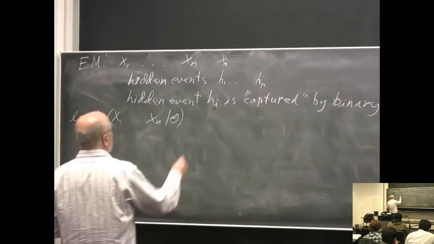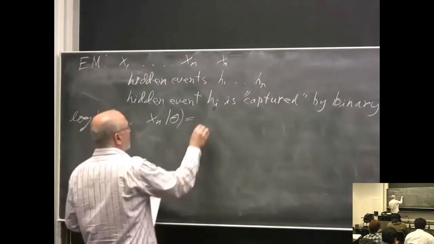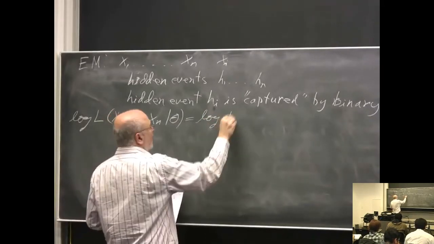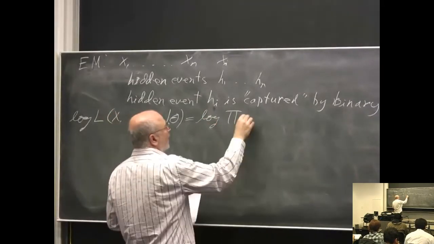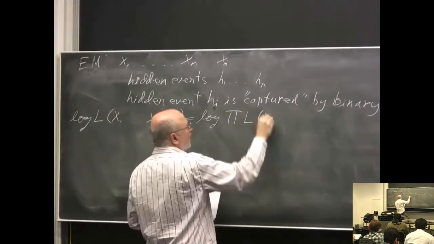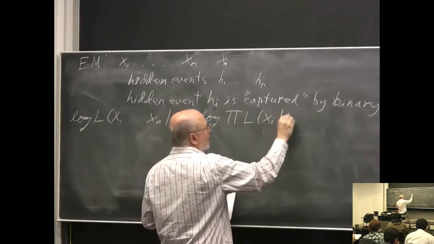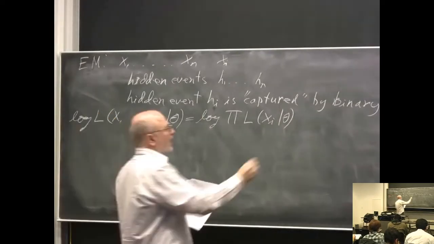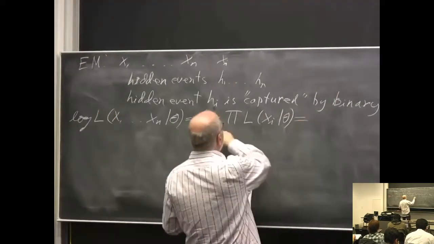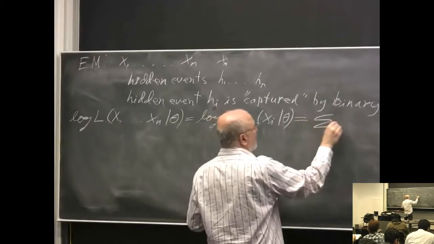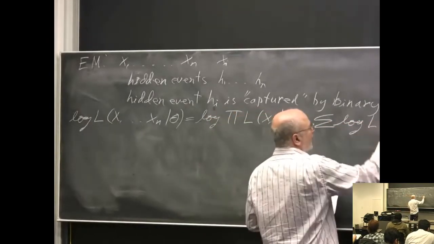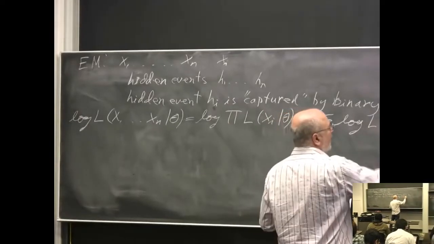So I could write this as log of a product of the likelihood of xi given the parameters. And the log of the product becomes the sum of the log of the likelihood of xi given parameters.